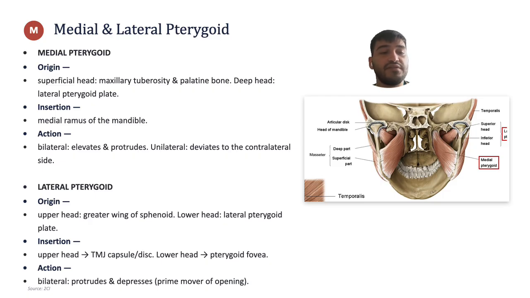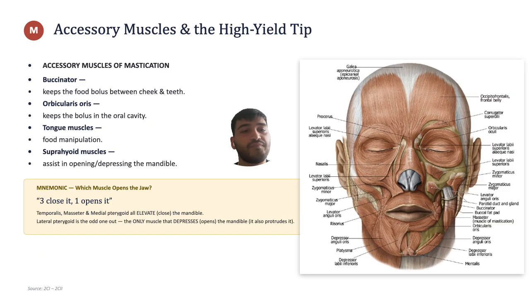Then the insertion for the upper head goes to the TMJ capsule and disc, and then the lower head is the pterygoid fovea. And the action bilaterally is protruding and depressing the mandible. So it protrudes, it can push forward with the medial pterygoid, and then it can also depress it so it can open it. And that's the only muscle that can do it.